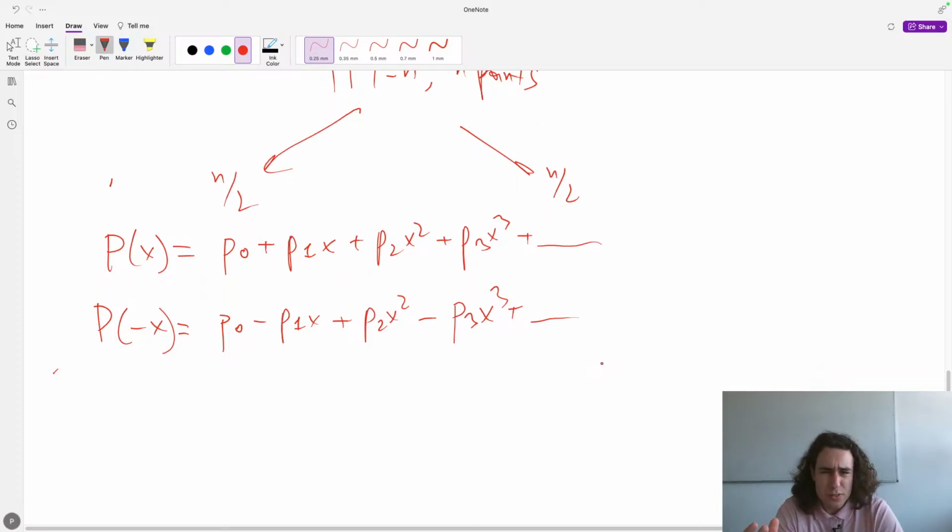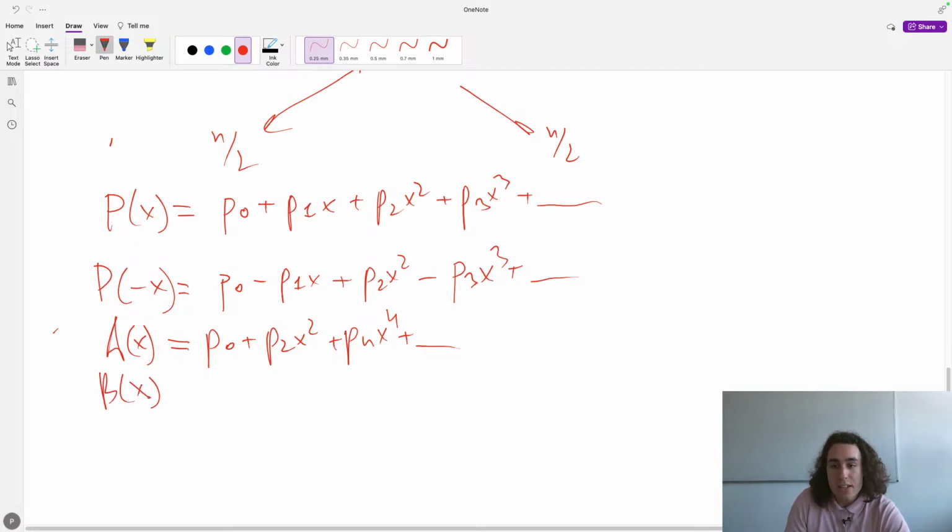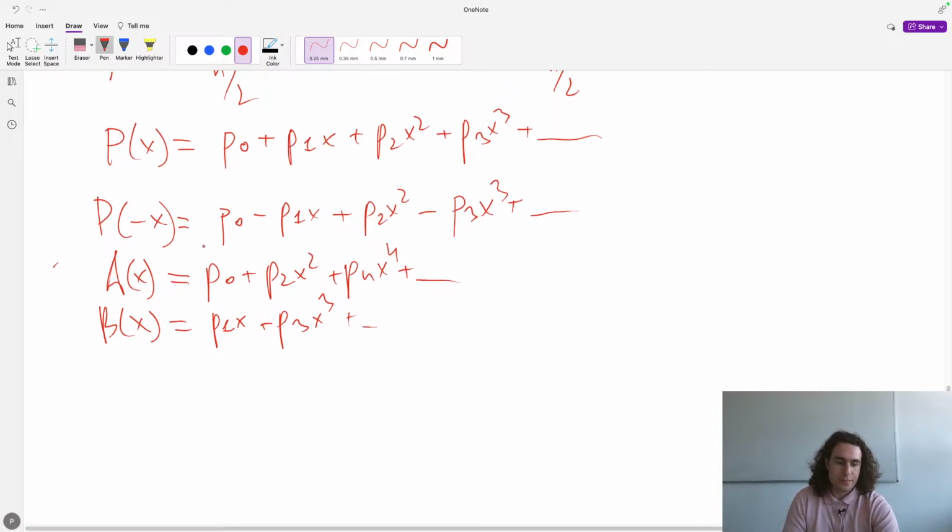And now we want to have two smaller polynomials such that we can use them to calculate both of these values. But for that, we can just separate even and odd degrees, right? We have a of x, which is only even degrees: p0 plus p2x squared plus p4x to the 4 and so on. And then b is odd degrees: p1x plus p3x cubed and so on.